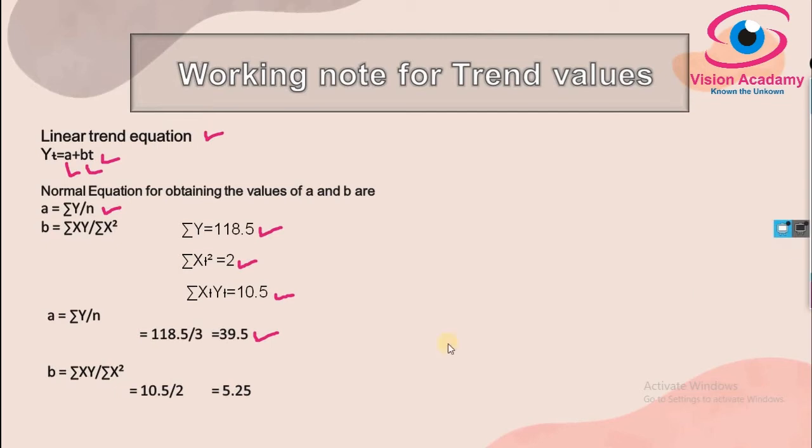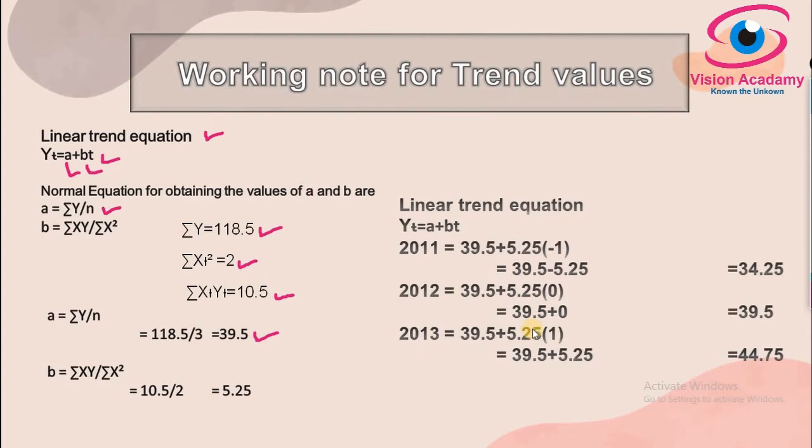After obtaining the a and b values, we can move further to calculating the trend value. To find the trend value, we need to apply the trend equation. We have 3 years here, 2011, 2012, 2013. To apply this equation, Yt is at 2011, and it can also be 2012 and 2013.